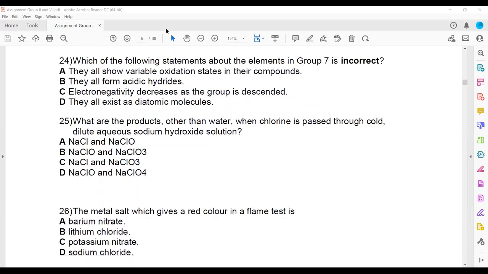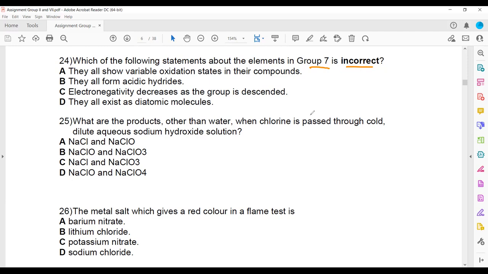Question 24. Which of the following statements about elements in group 7 is incorrect? They all show variable oxidation states in their compounds.